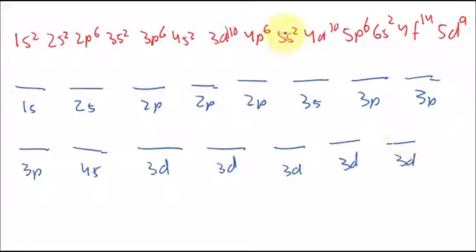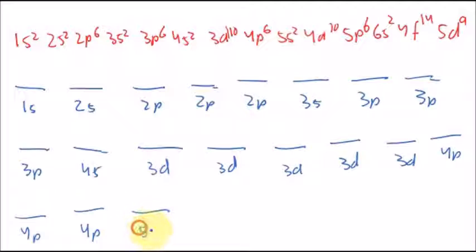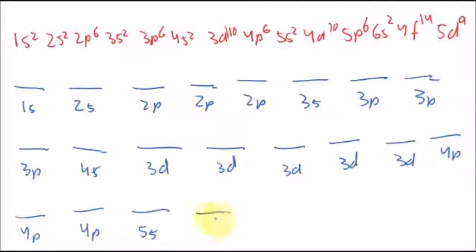And then in the 4p sublevel, we're going to have 3 p orbitals, so 4p, 4p, and then 4p. And then the 5s sublevel, we have just one s orbital, so 5s. In the 4d sublevel, we're going to have 5 d orbitals, so 4d, 4d, 1, 2, 3, 4, 5.